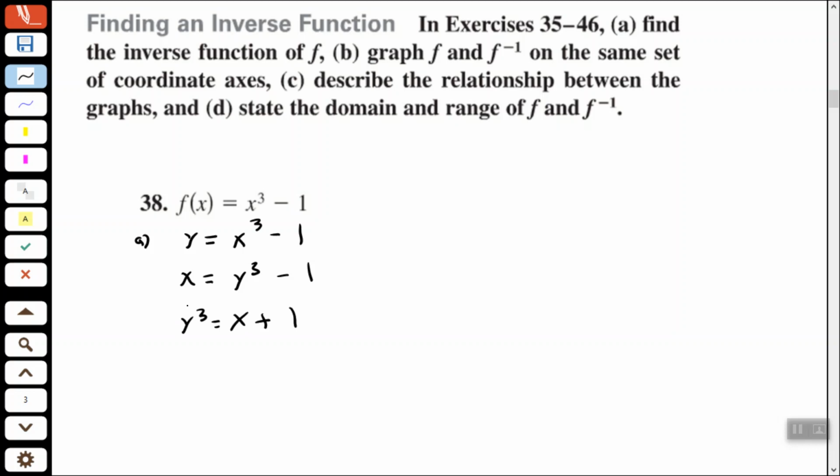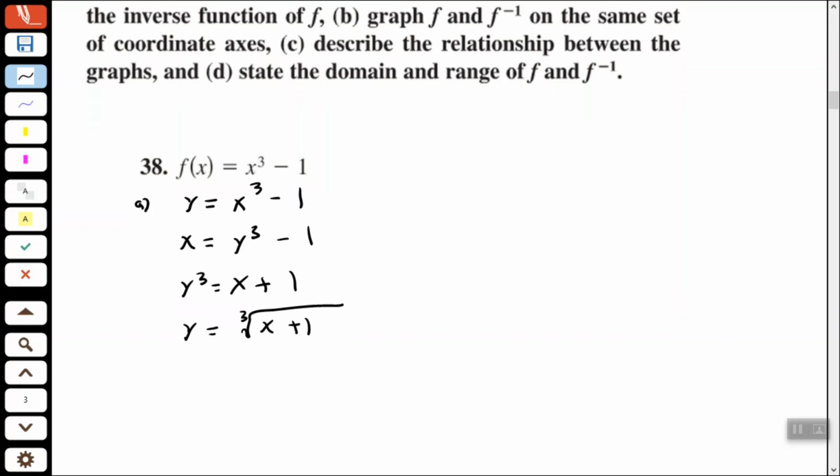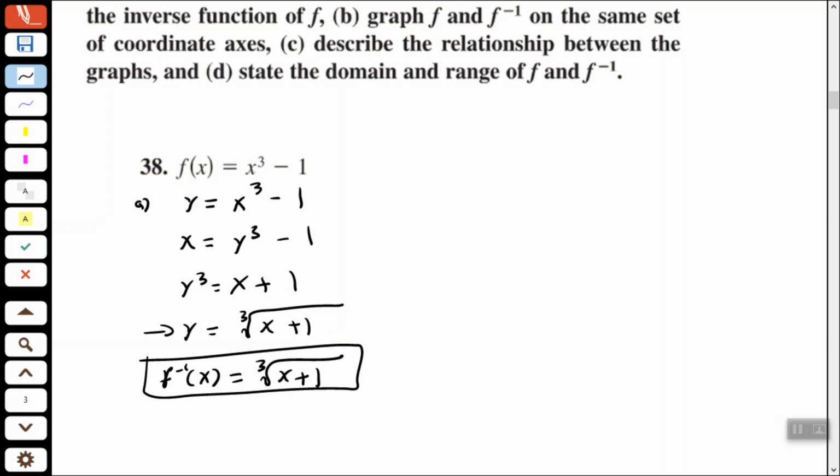And then take the cube root of both sides. Therefore, the inverse of my original function is f inverse of x equals the cube root of x plus 1. And then part B asks us to graph this.